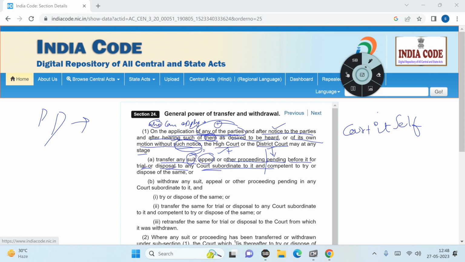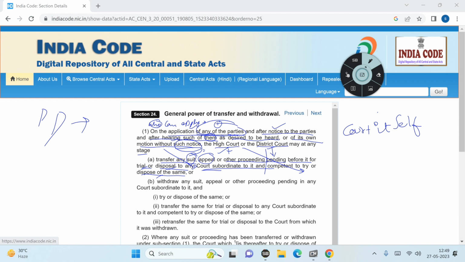Or disposal to any court subordinate to it and competent to try or dispose of the same. So transfer to who? Where? Transfer to any court subordinate to it and competent to try or dispose of the same.